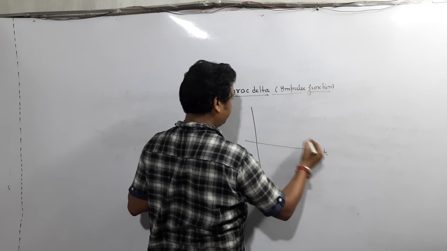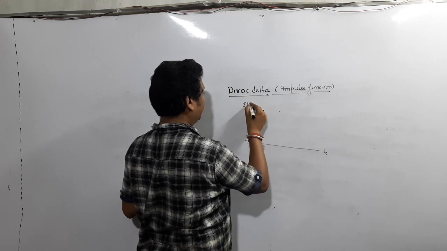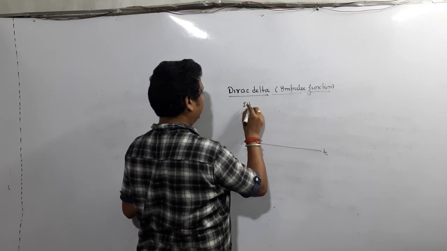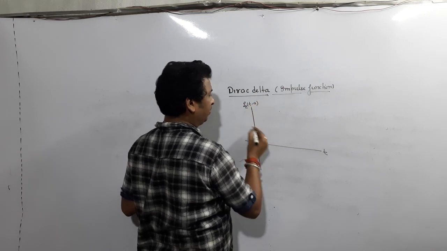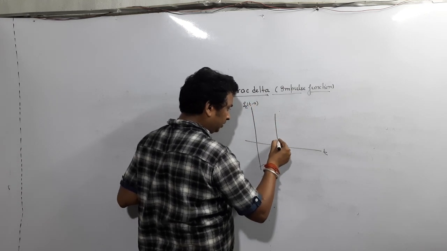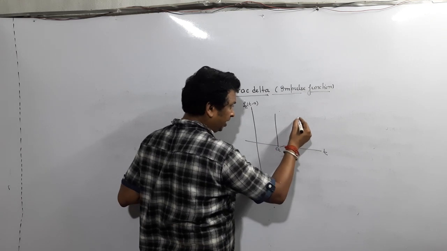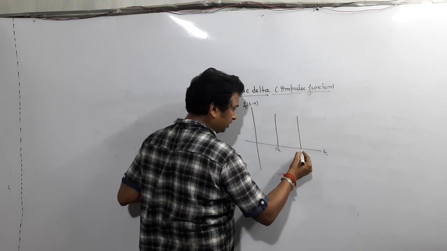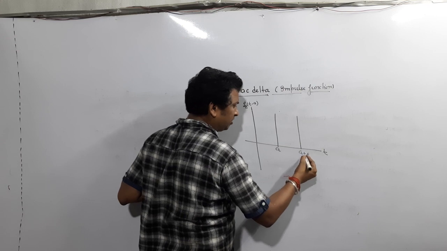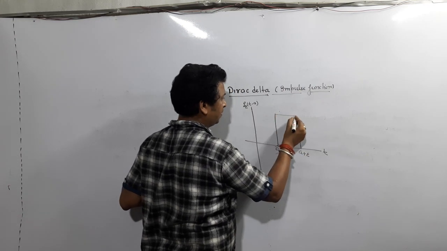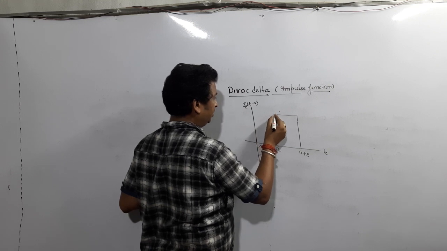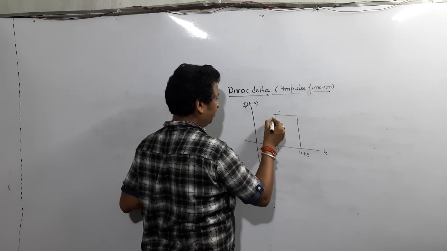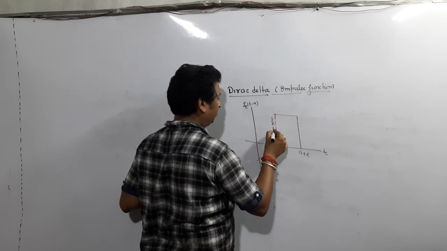This is t. I took delta epsilon. This is the time interval. We have taken a, and this is a plus epsilon. Epsilon is a very small quantity, and this much length we have denoted by 1 by epsilon.